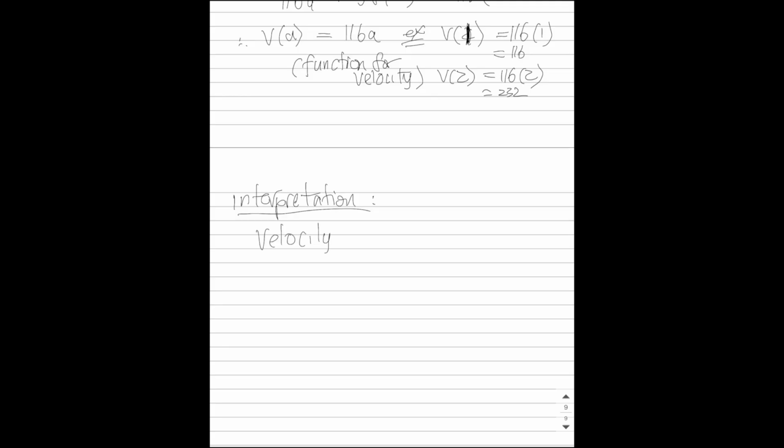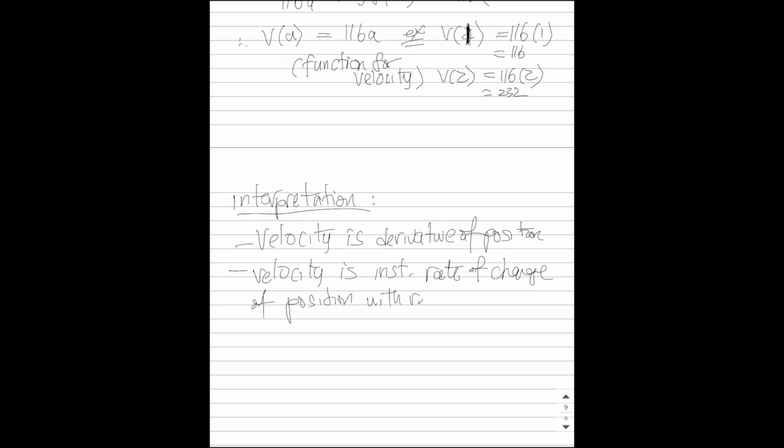Now, there's one last thing that I want to do and talk about, this interpretation. The velocity is the derivative of position. But we also know from the formula here that velocity is what we call the instantaneous rate of change of the position with respect to time at time a.